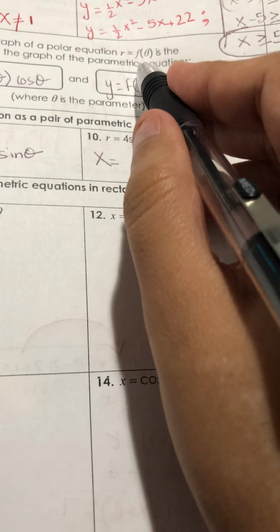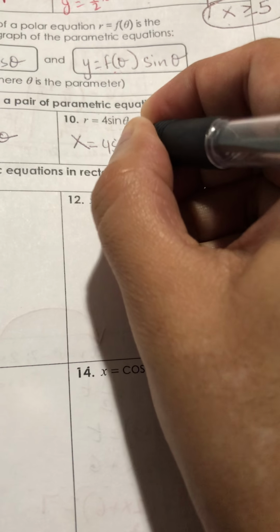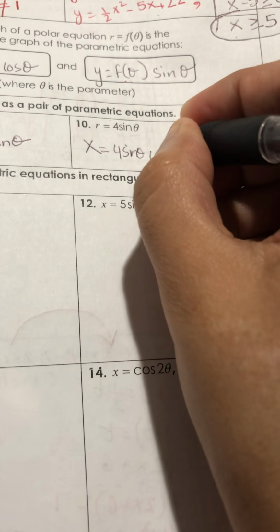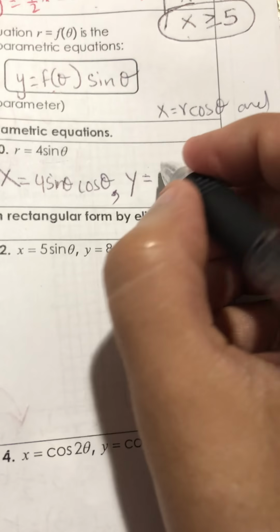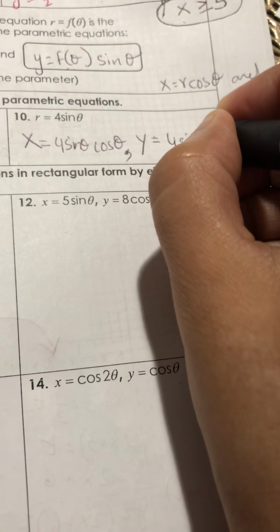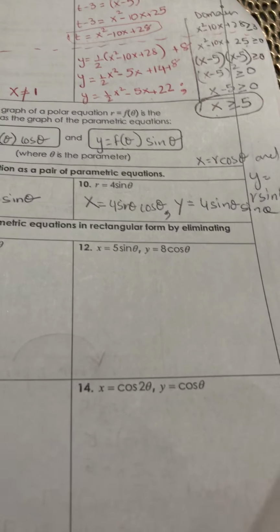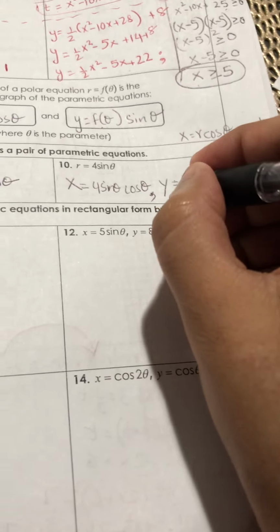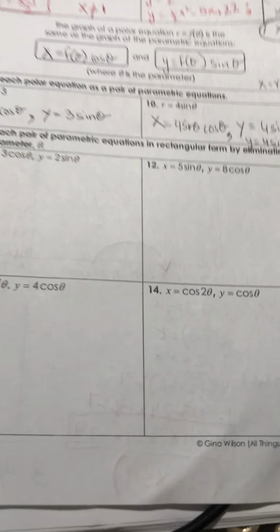Here you can see that it would be x equals 4 sine theta cos theta, and y would be equal to 4 sine theta sine theta. So now we end up with y equal to 4 sine squared theta.